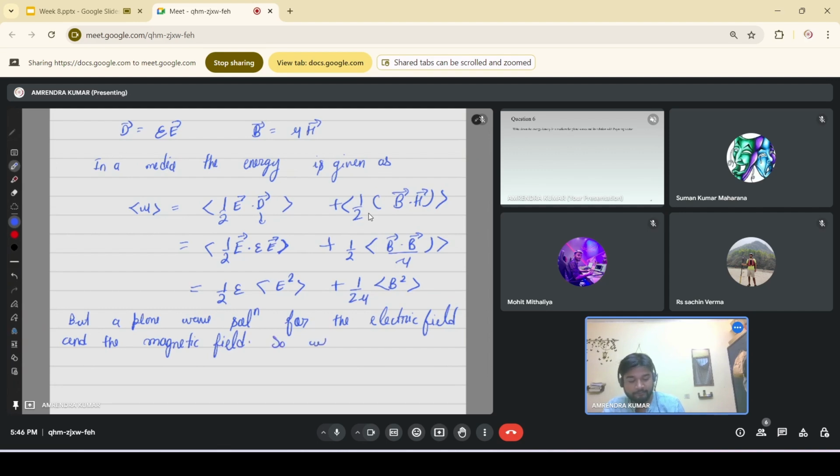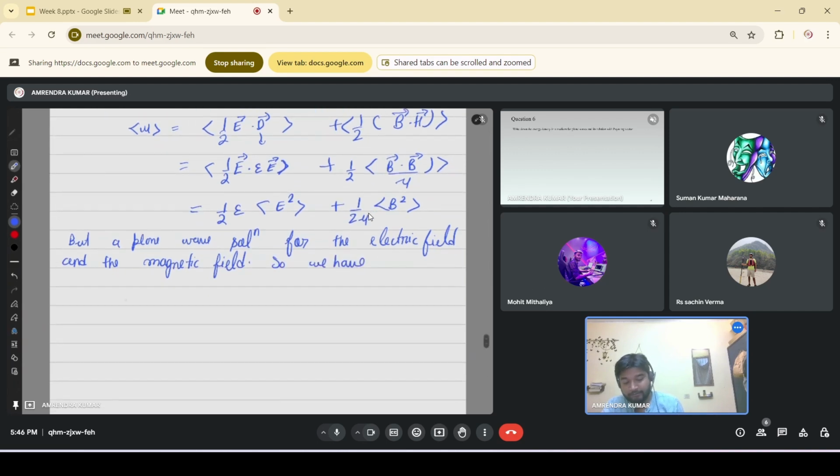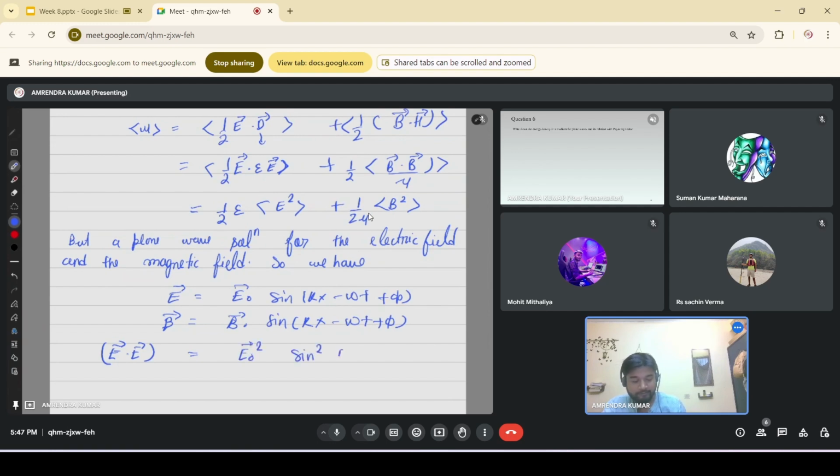So we have the average. The electric field is nothing but some constant into sine kx minus omega t plus phi, something like this. And the magnetic field is some constant B0 sine kx minus omega t plus phi. So we can clearly see when we do this E dot E, it's nothing but E naught square sine square kx minus omega t plus phi.